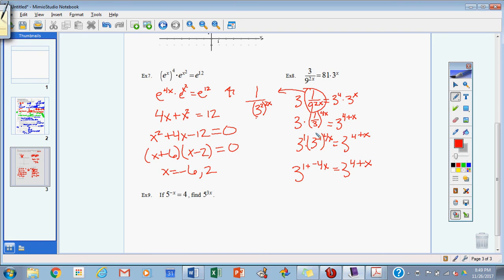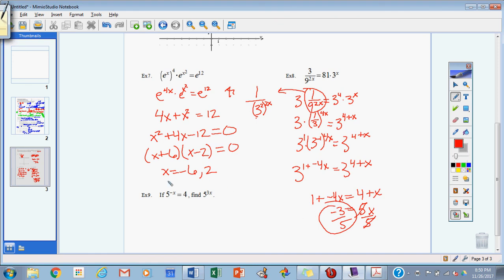Same bases, add those exponents, and this is really negative 4x. So then we can just basically say 1 plus negative 4x equals 4 plus x. Add 4x to both sides, we'll get 5x, subtract the 4, we're going to get negative 3, so negative 3/5 for our answer to that one.